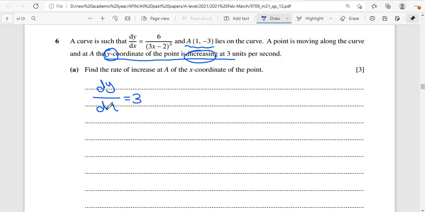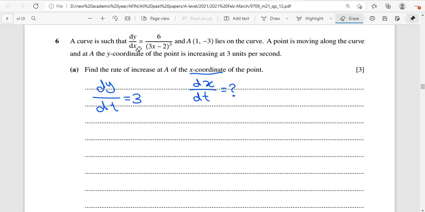Why do I write dt here? dt stands for time, and this 3 is per second. Then dy/dt equals 3. Okay. Find the rate of increase at point A for x. It means you need to find dx/dt. It's unknown. We have a rule that connects dy/dt, dx/dt, and dy/dx, which is the chain rule.